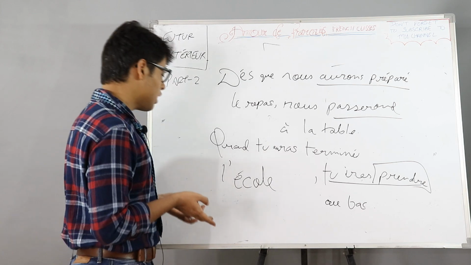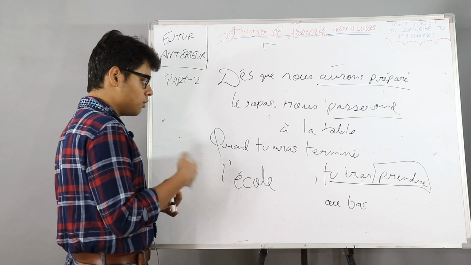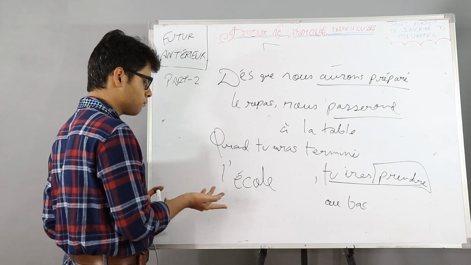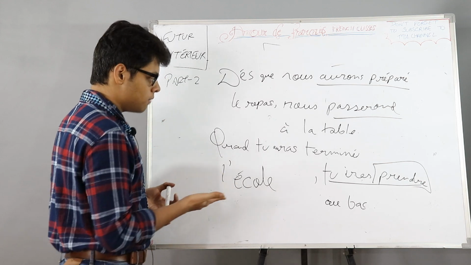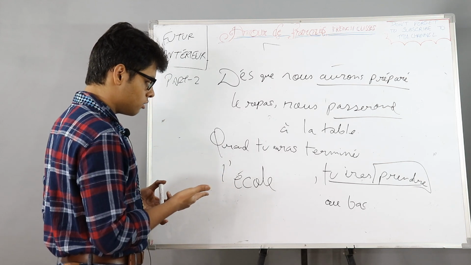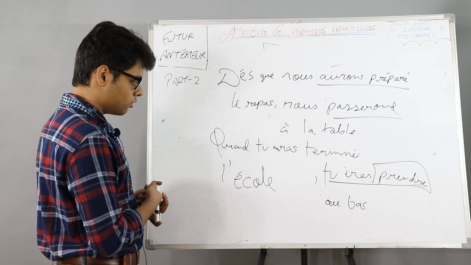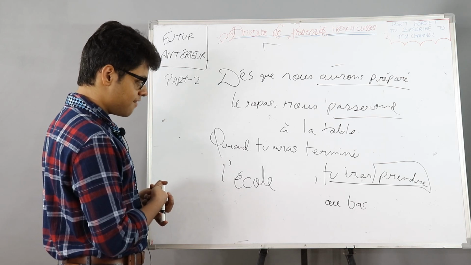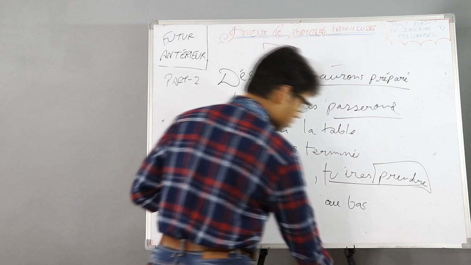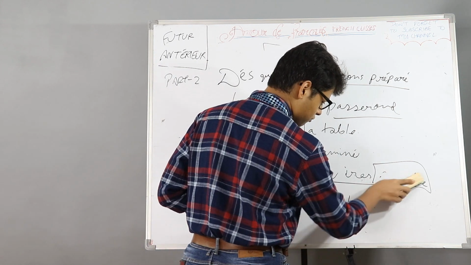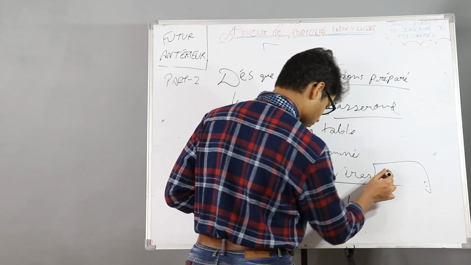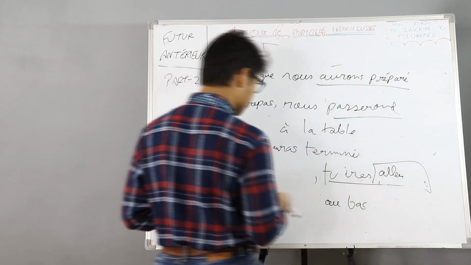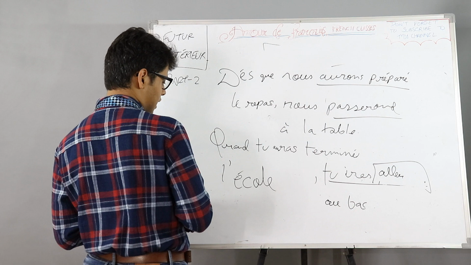So "quand tu auras terminé l'école", as soon as you finish your school, you will be going for, "tu iras aller". That would be better if we have it with aller. Yeah, now it's fine, I suppose.